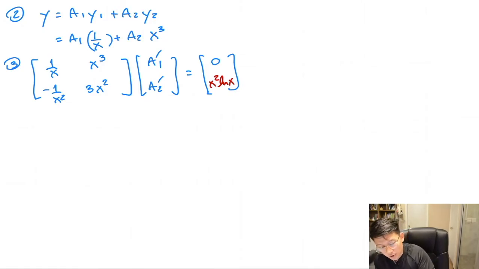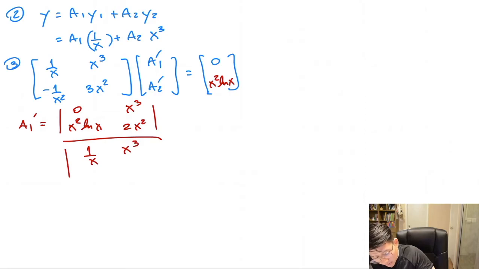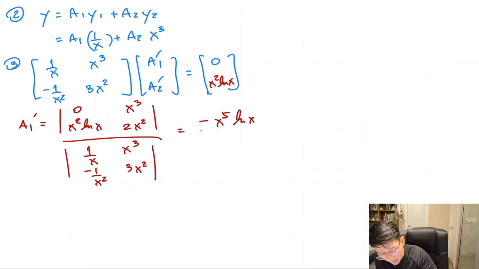Cool. So we have a1 prime equals the determinant of 0, x squared log x, x cubed, 2x squared divided by 1 over x, x cubed, minus 1 over x squared, 3x squared, and that is 0 minus x to the 5 log x divided by 3x plus x, which is minus x to the 5 log x divided by 4x.